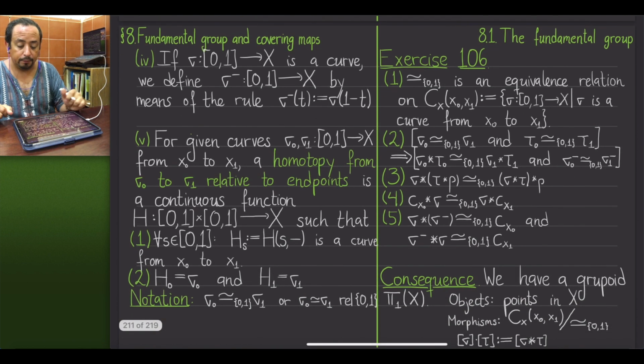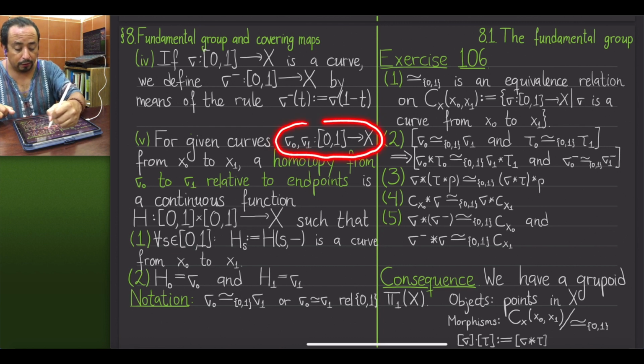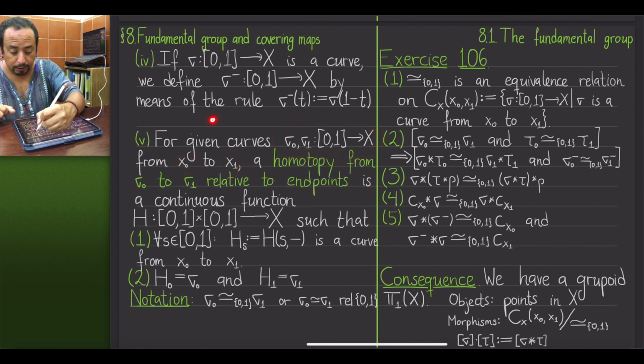What is a homotopy? So suppose I'm given two curves, both of them from x0 to x1. So both of them go from this point to x1, like this.